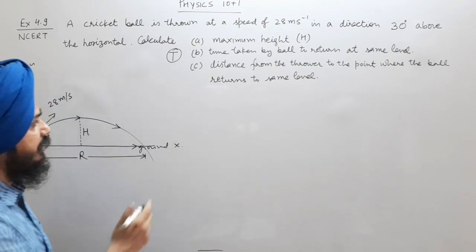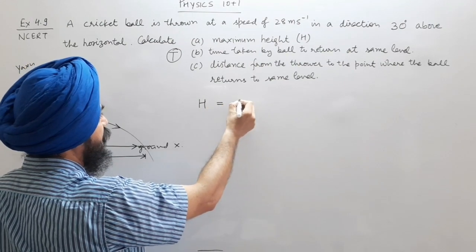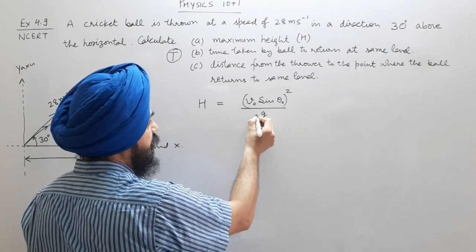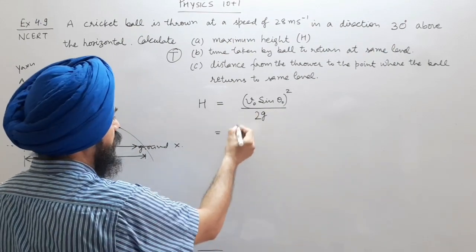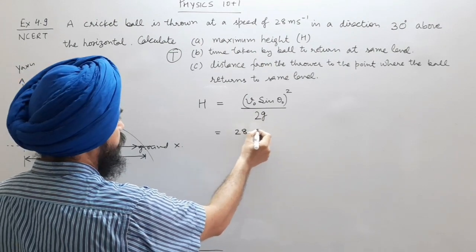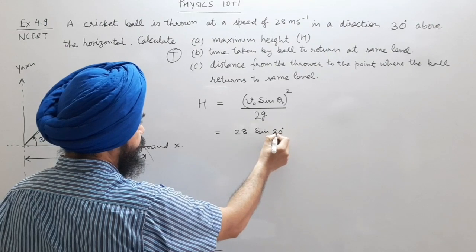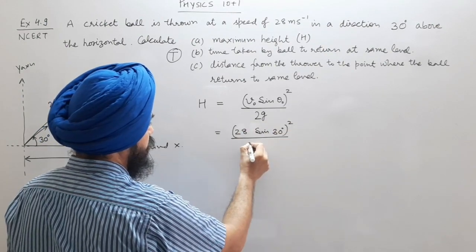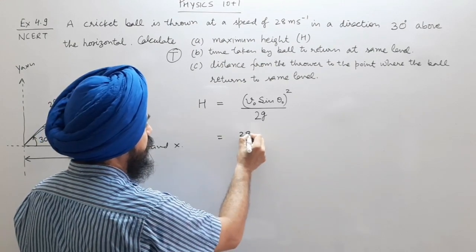To calculate the maximum height attained, we have the formula (V naught sine theta naught) square divided by 2g. So putting these values, our V naught is 28, sine of 30 degree, whole square upon 2g, 2 times 9.8.